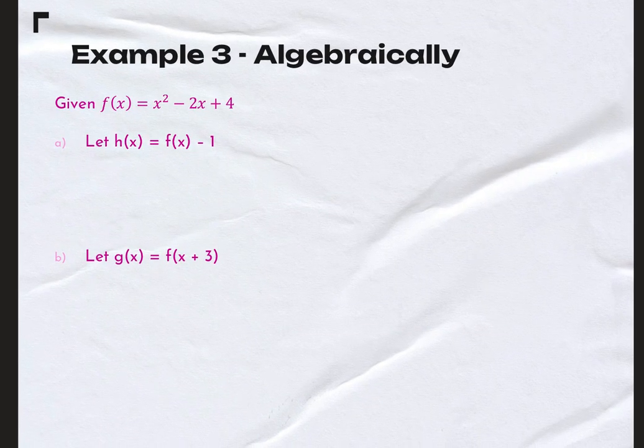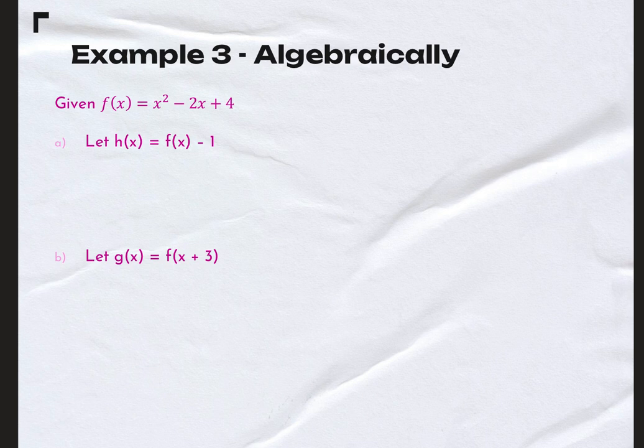Okay, now let's talk about algebraically how we would change these. All right, so these to me kind of just make sense if you're just messing around with any kind of equation. Wherever the f of x is, if that's unchanged, then you're literally going to replace that with your polynomial.